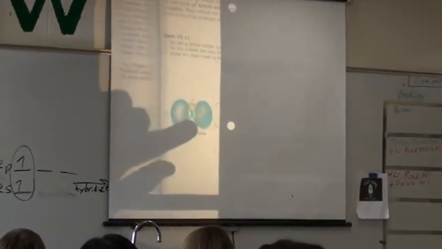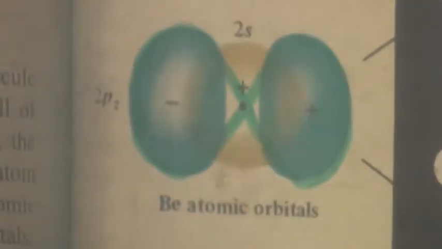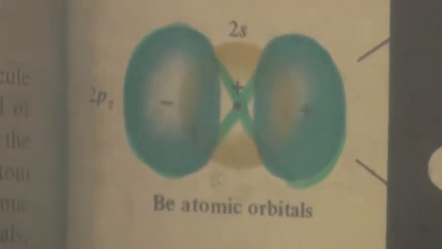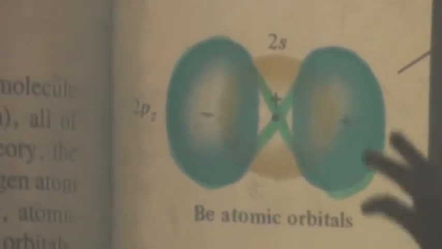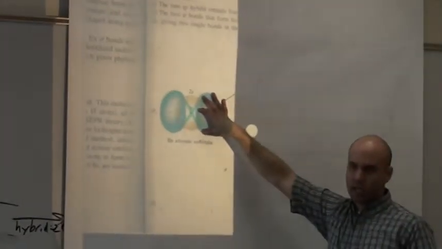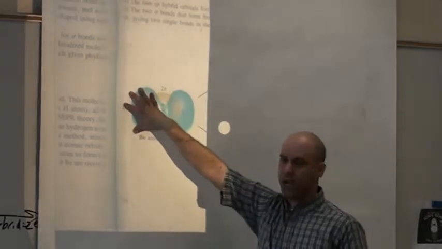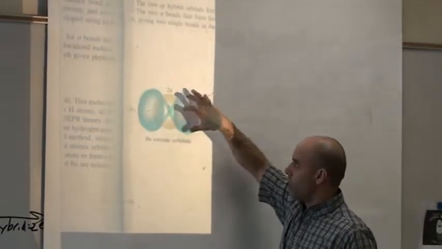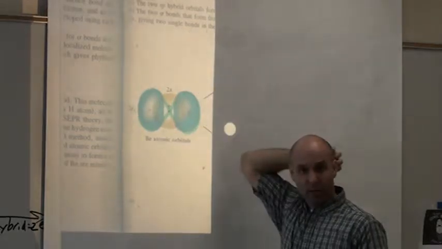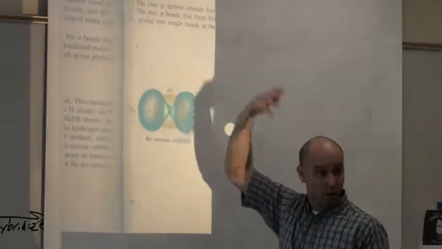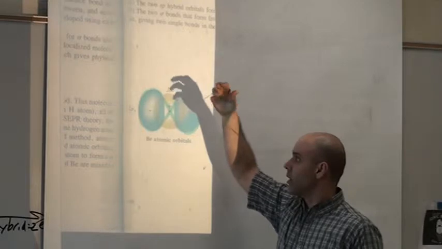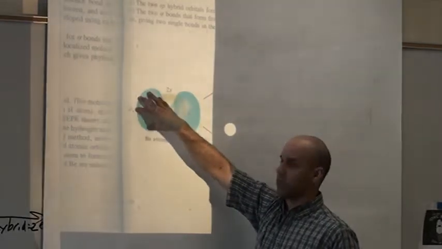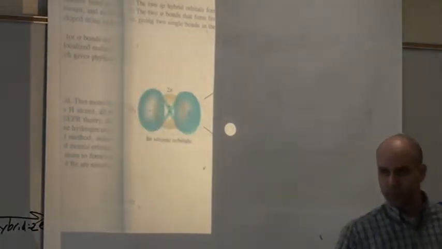There's my sphere. Nope, you don't have to draw it yet. Here's my dumbbell. One lobe of your p orbital has positive values, one lobe has negative values. So what happens when you add a positive number and a positive number together? You get a bigger positive number. What happens if you add a positive number and a negative number together?